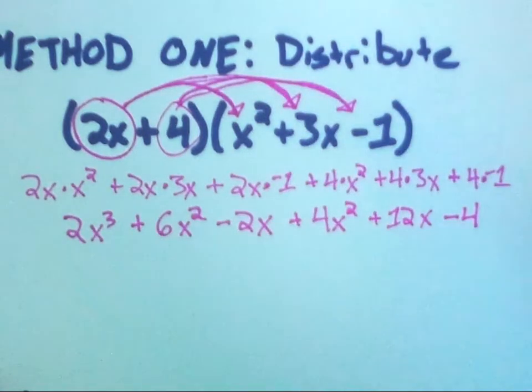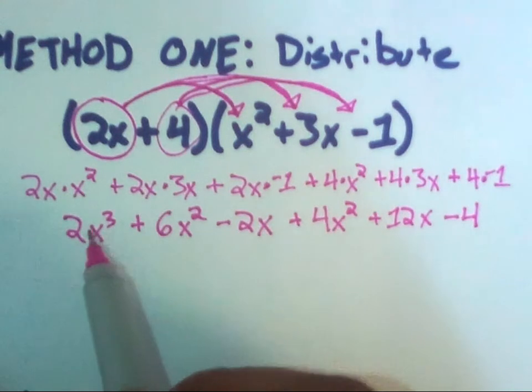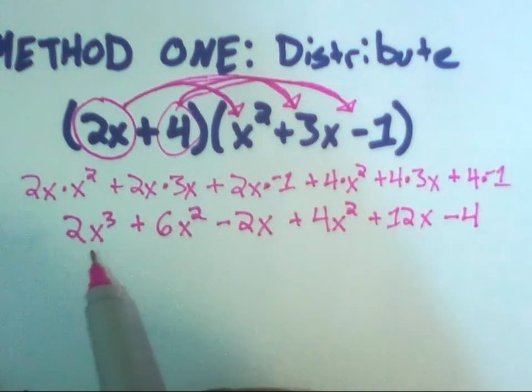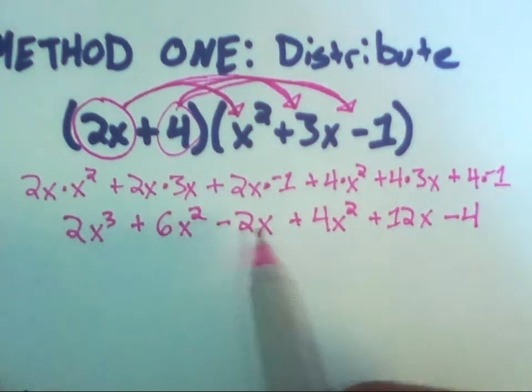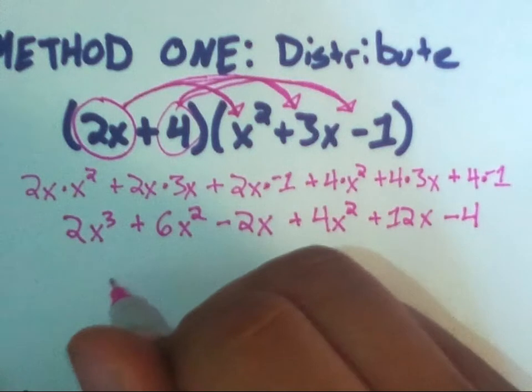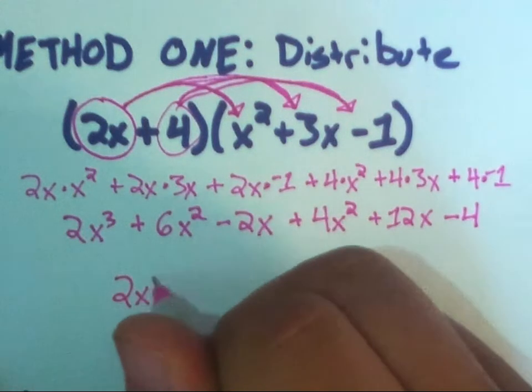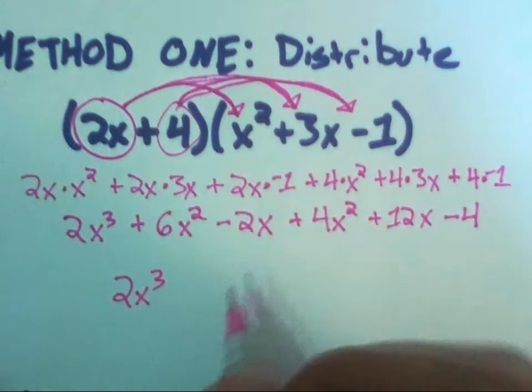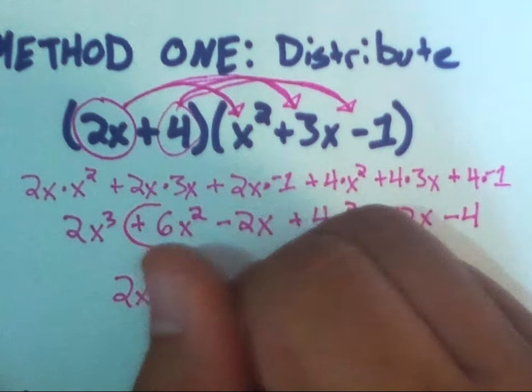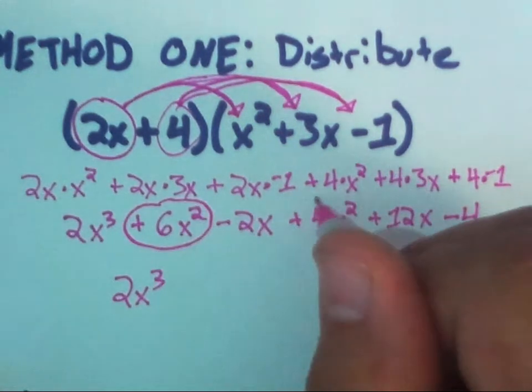Now, just like in the last topic where we were adding and subtracting polynomials, what we have to do here is clean up stuff. We're looking for the same last name. So, for instance, we're looking for something else that has x cubed, and well, nothing else has x cubed. So our answer is going to be so far 2x cubed. But 6x squared shares a last name with 4x squared.